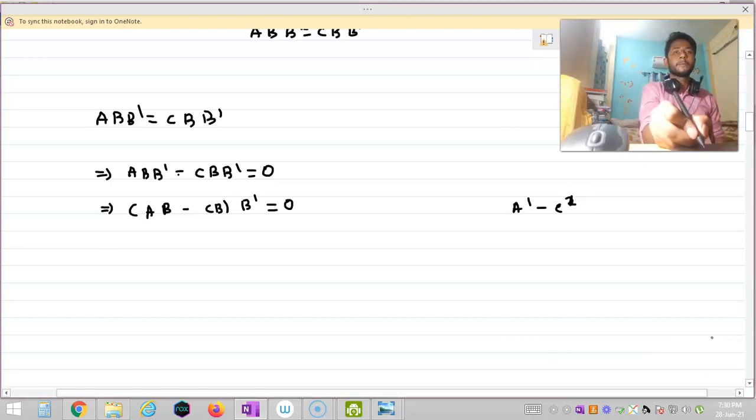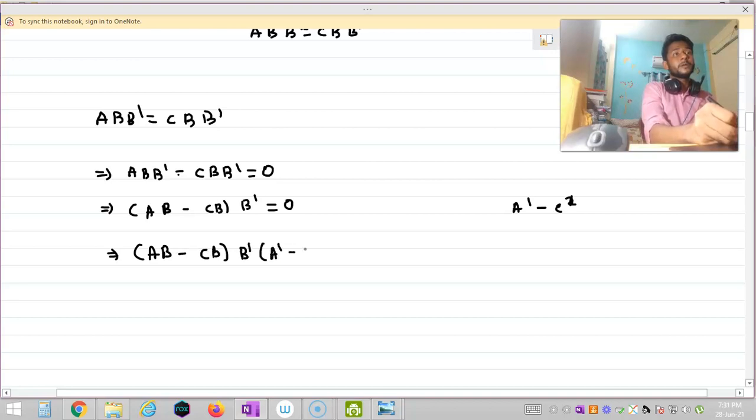So AB minus CB times B' times (A transpose minus C transpose) is equal to 0.